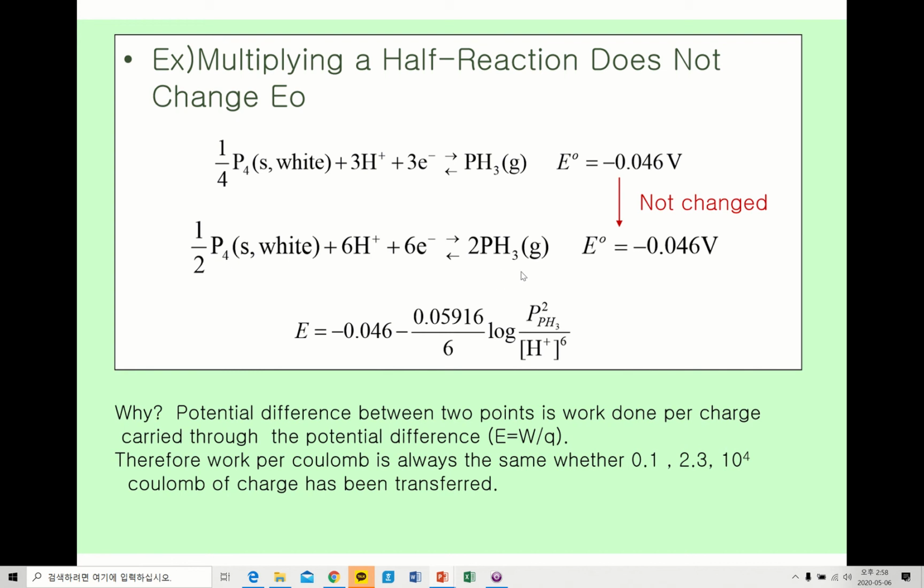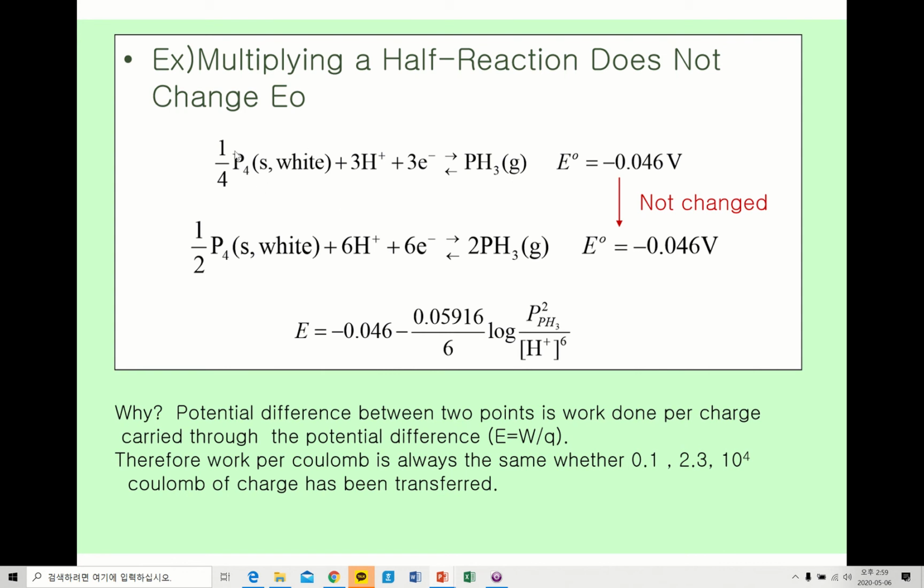But the electrode potential doesn't change at all. This is quite important. You'll see soon that this potential is an intensive property, which means that although the quantity changes, the property doesn't change.